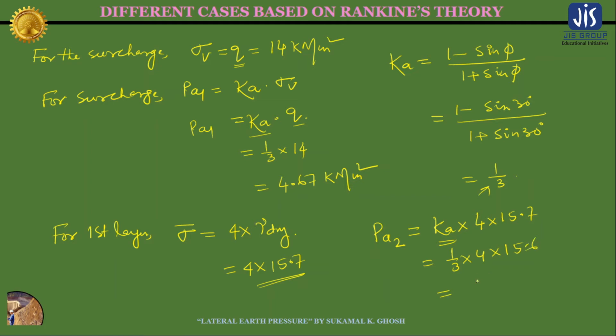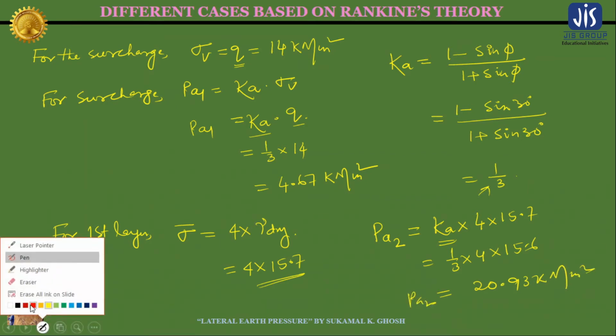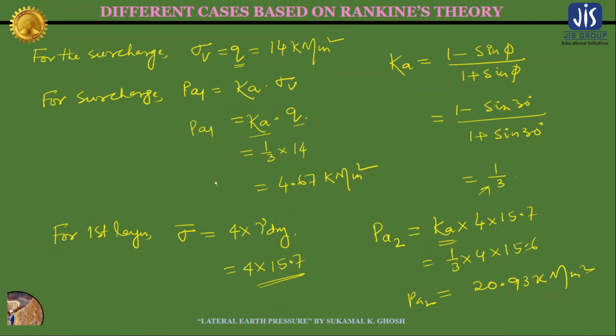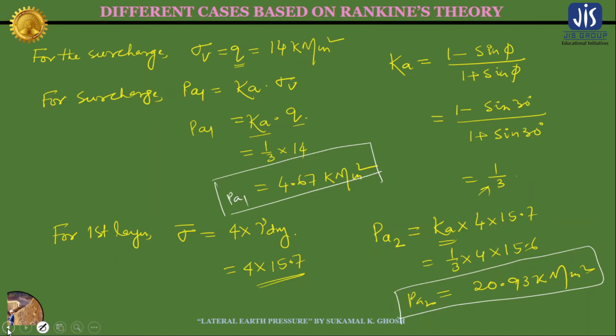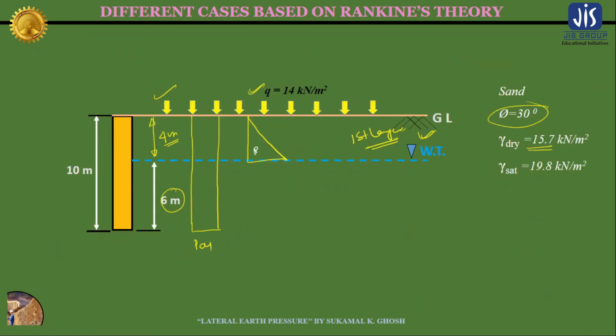So if you solve it, you will have 20.93 kilonewton per meter square. This is Pa2. Okay. So this is the value of Pa1, and this is Pa2.